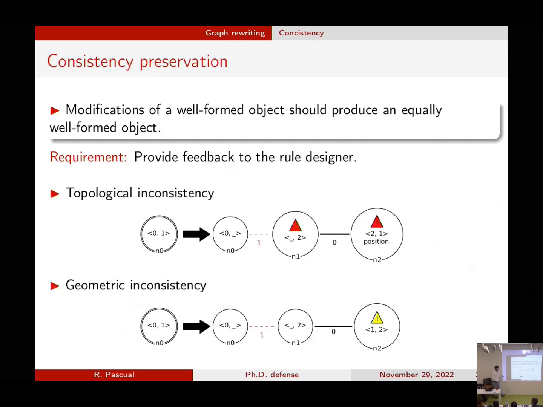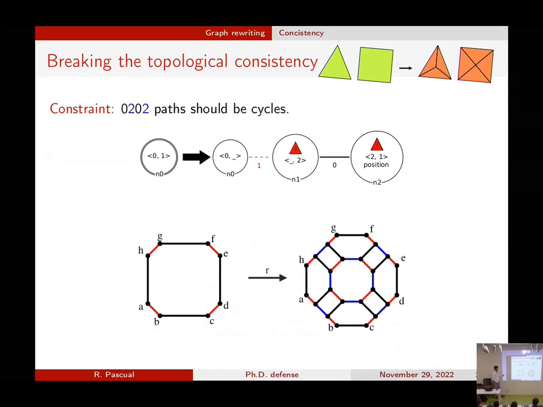And obviously, we can have topological errors and geometric errors. For the topology, there's a condition that says that any 0202 path should be a cycle. It ensures that faces are glued together along edges.